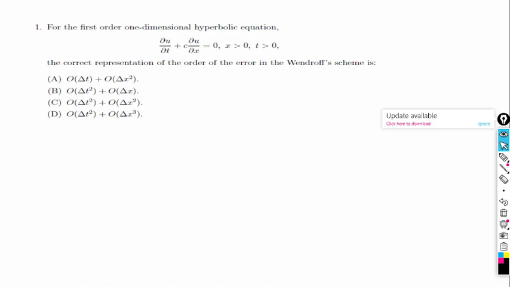According to the Wendroff scheme, find the order of the error.